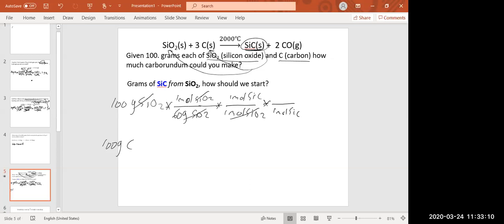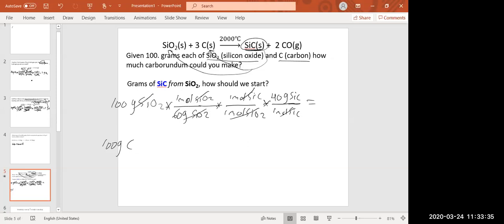And in the top, what do we have? The mass for the SiC, approximately 28 plus the 12 for the carbon, approximately 40 or 40 point something. Okay, 40 gram SiC. Now we did the math and let's see what we're gonna get.